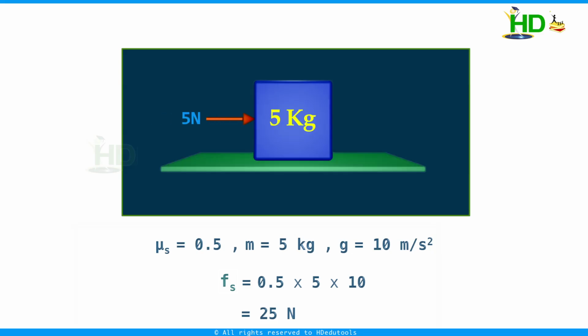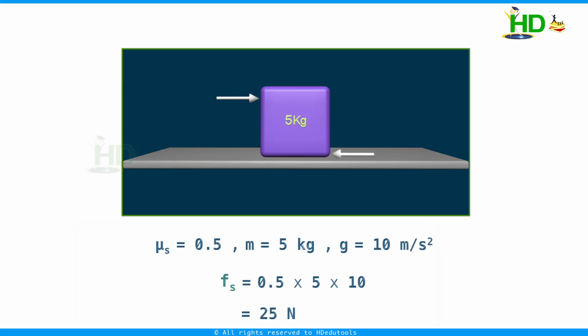Now from these examples, what can we say? When you apply a force of 5 Newton, the frictional force is 5 Newton. For 10 Newton, it is 10 Newton. For 15 Newton, it is 15. For 20 Newton, it is 20. For 25 Newton, it is 25 Newton.